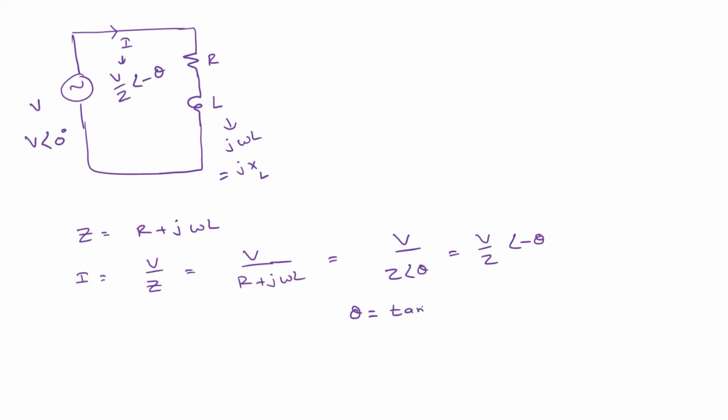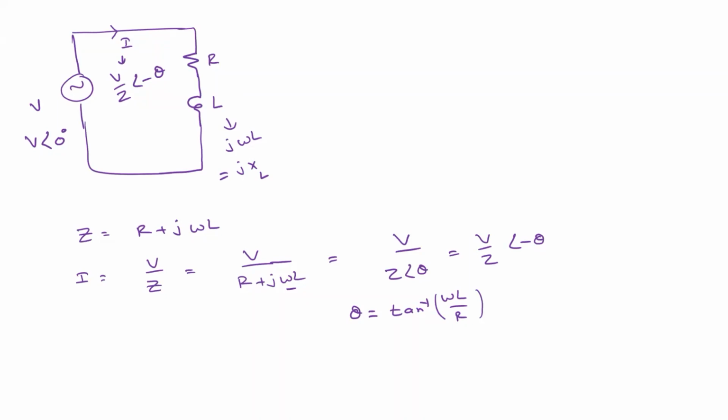Theta is tan inverse X by R, and here X is omega L. So theta is tan inverse omega L by R. Is that clear?